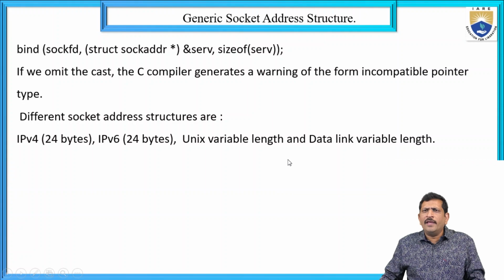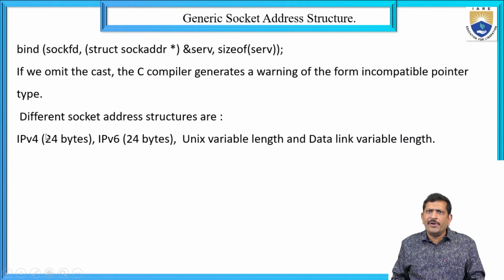Unix and data link use variable length. So these different socket address structures can be utilized in communication from client to network, client to server, or server to client.